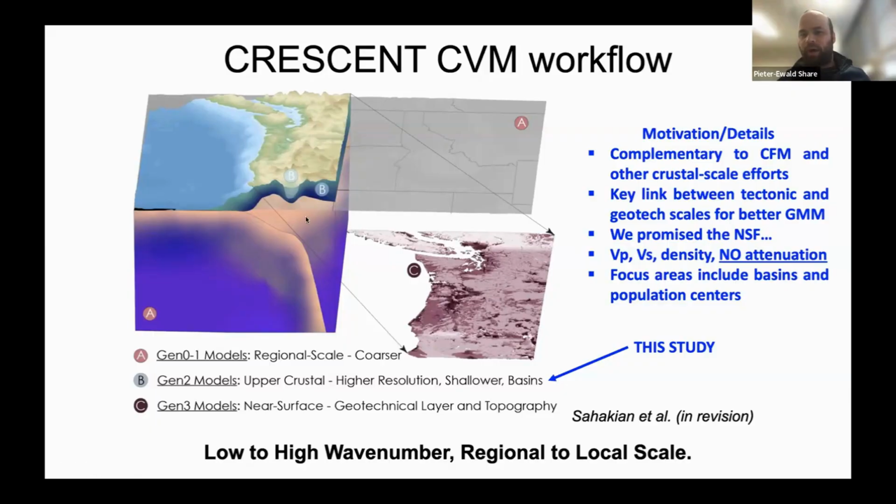On that point, this always comes up during these types of talks. Essentially, what we're focusing on here are the classic elastic properties: your P wave velocities, S wave velocities, and densities. We are not focusing as of yet on any attenuation, anelastic, damping or Q properties within this model space, for the simple reason that that's not what we proposed.